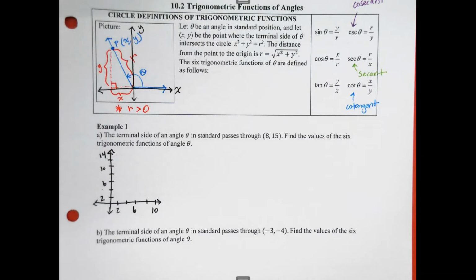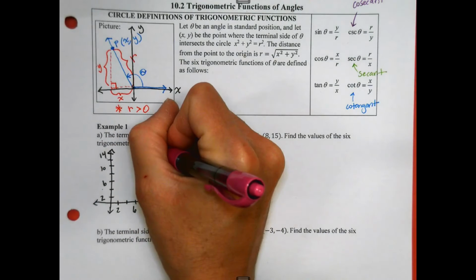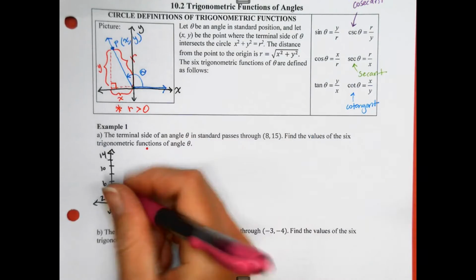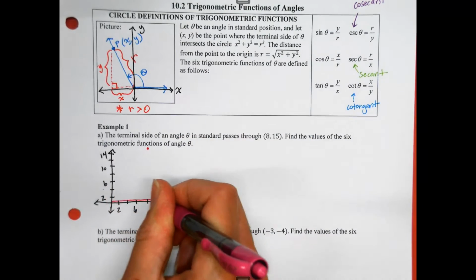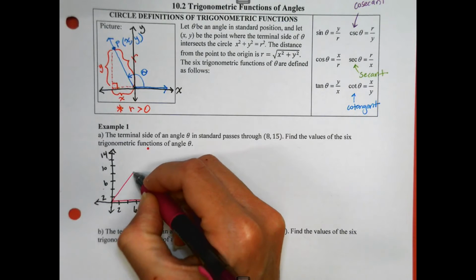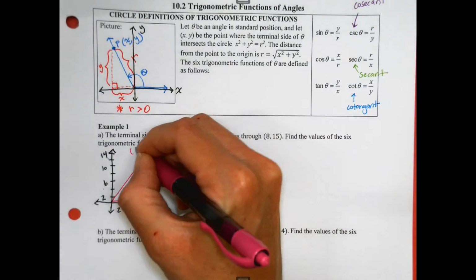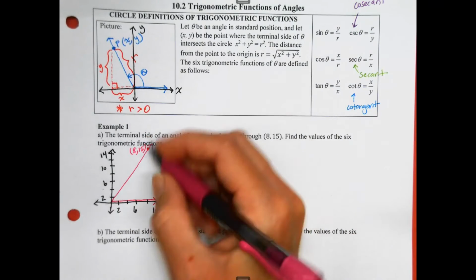So our point (8, 15) is going to be out here. And this angle started on the positive x-axis, and it rotated through to get to that point, (8, 15).